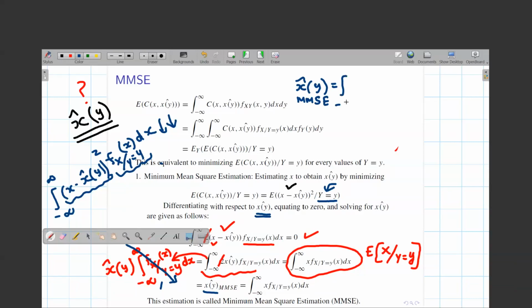So this is equal to the integral from minus infinity to plus infinity of x f of x given y equal to y of x dx. This is the conditional mean. I hope this is clear to you, but this involves probability theory, where you must know the definition of expectation and so on, as we are differentiating this equation.